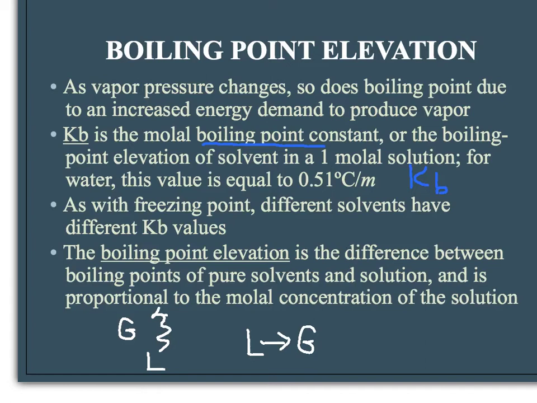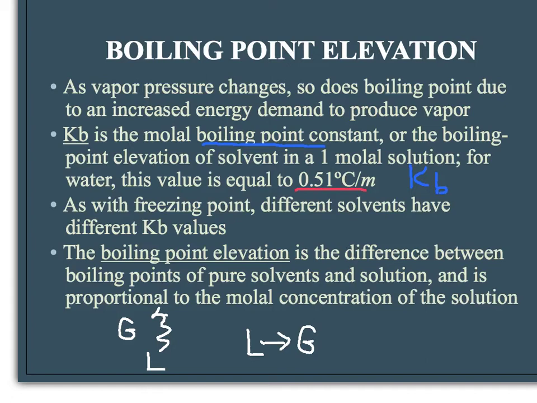You can see that this value is quite a bit less than the freezing point depression for water. The boiling point elevation is only about 0.5 degree Celsius per 1 molal concentration solution. So that's a quarter as much of a change as we saw in freezing point.